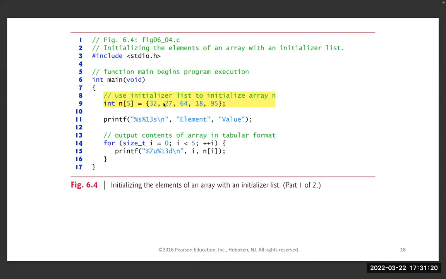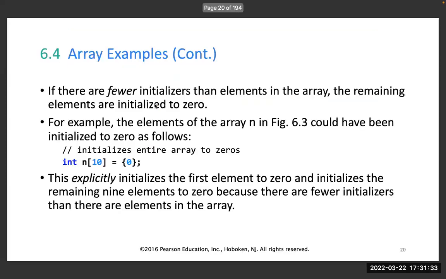So I said before, this is the full initialization, which means every element gets a value. Now, if there are fewer initializers than elements in the array, then the remaining elements are initialized to 0. This is important, just like this example.